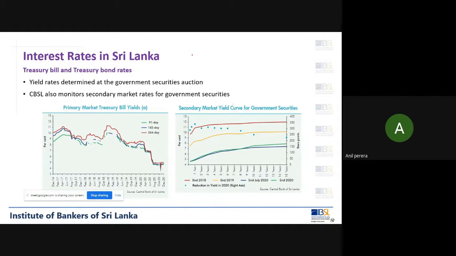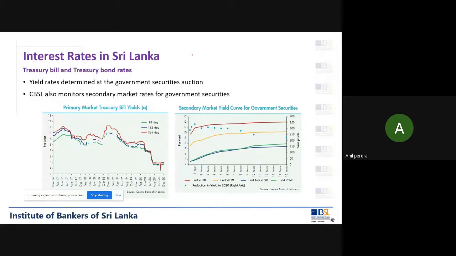Government securities market means the instruments issued by the government for their borrowing needs. As we know, governments borrow in the markets to fulfill their shortages. For that matter, governments are issuing government securities. Some are domestic instruments, some are foreign instruments. The most important government securities issued in the domestic market are treasury bills and treasury bonds.